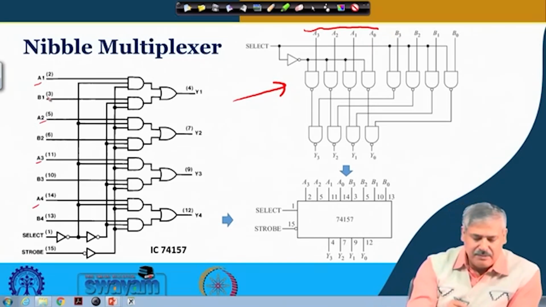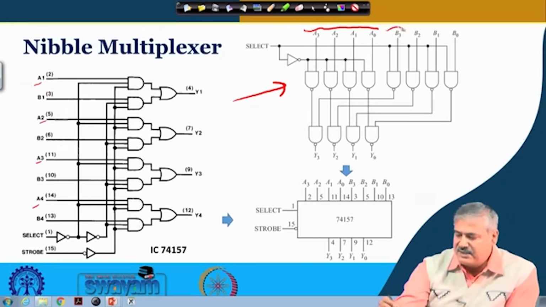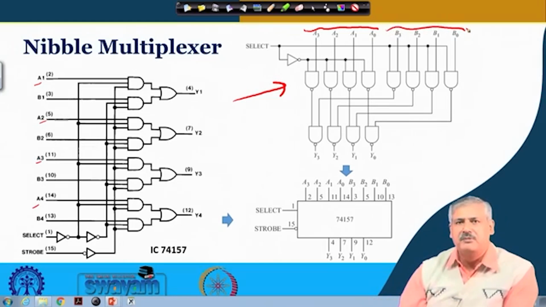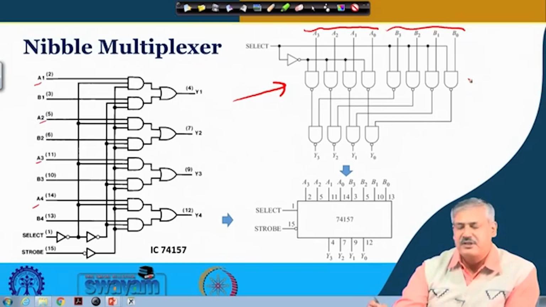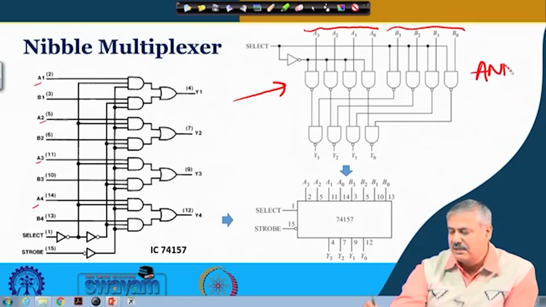Similarly B1 to B4 we are representing as B3 to B0. Basically the same inputs, just the designation is different. And when select is 0, this set is selected. Basically this is AND OR, and AND OR is also your NAND operation, which we have seen before in earlier weeks.